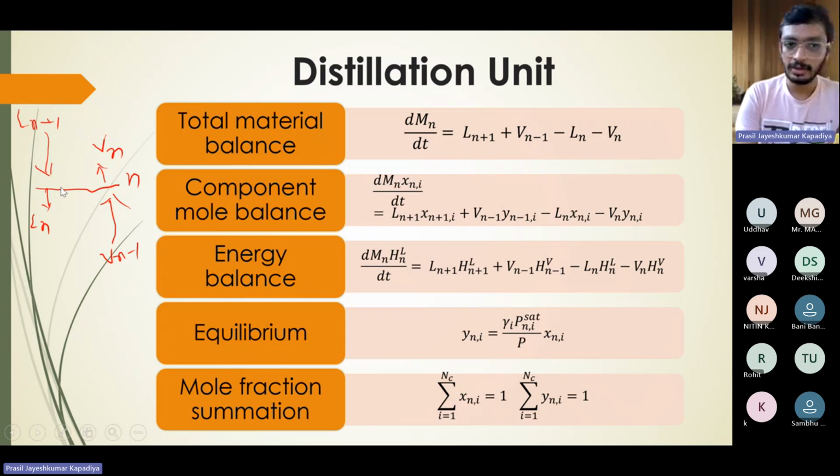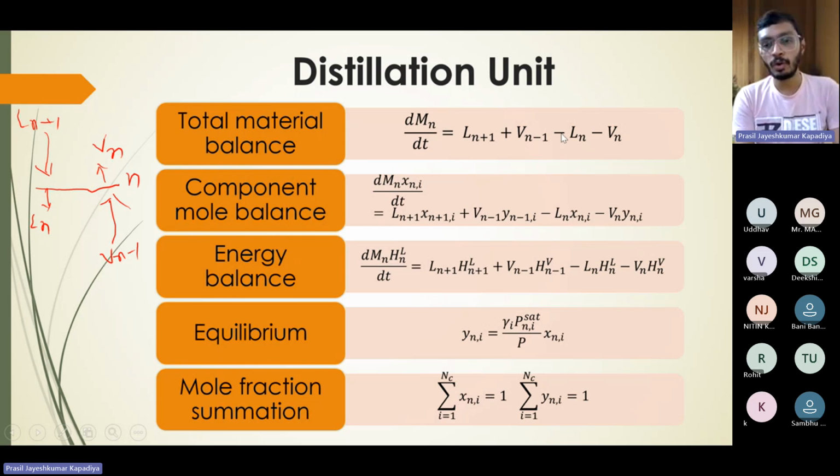On the nth tray, liquid is coming from the top tray, that is n+1, so Ln+1. Vapor comes from bottom to top, so that vapor flow rate is Vn-1. That is entering, and leaving are Ln and Vn.